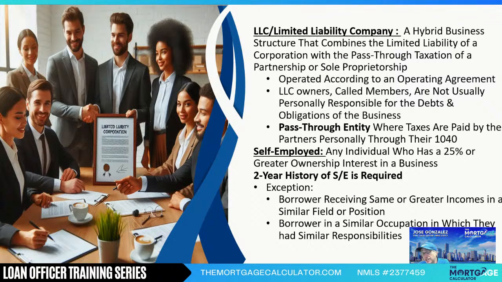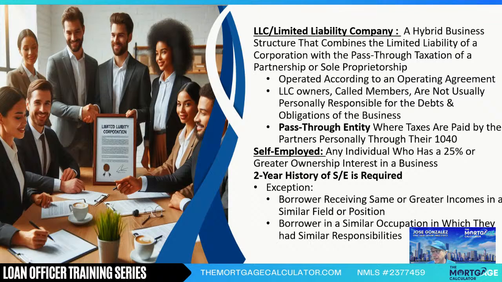A C corp is an actual entity that exists on its own. But for all of the business structures other than a C corp, an individual is considered self-employed when they have a 25% or greater ownership interest in a business. So at 24.9%, they're not self-employed.